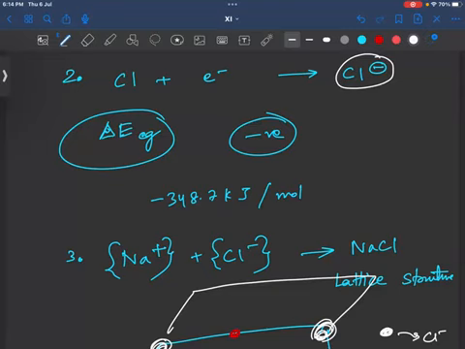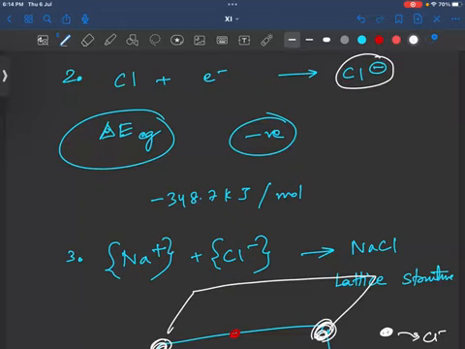Look, NaCl, actually that name is wrong. People think that it consists of Na and Cl, the way in H2O you have H-O-H. But in NaCl you don't have NaCl. You have Na+ and Cl-. You understand? So that's not correct.